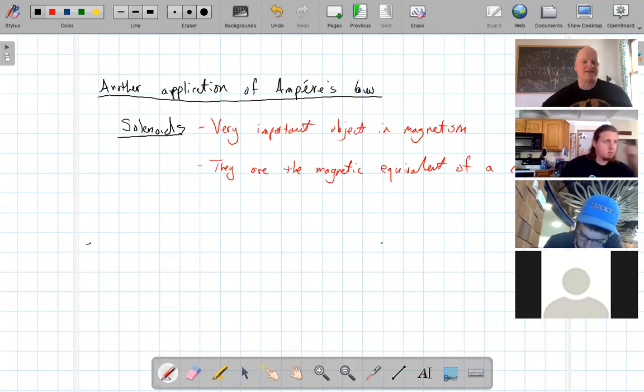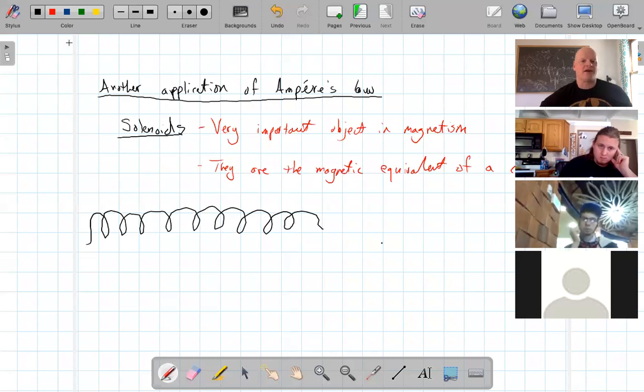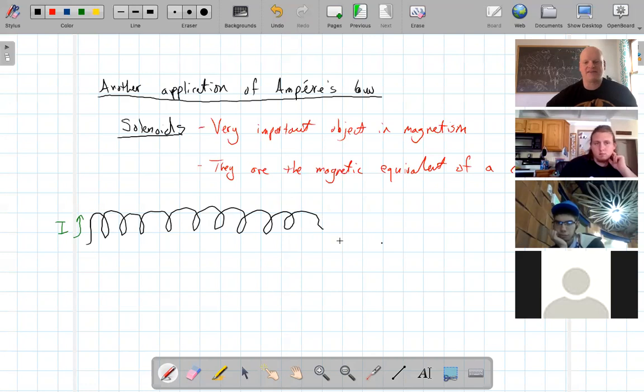So let me tell you what a solenoid is. A solenoid is simply a coil of wire. This is our solenoid, that we're then going to run a current through. As you'll find out next chapter, it takes a while for the current to build up inside of the solenoid.